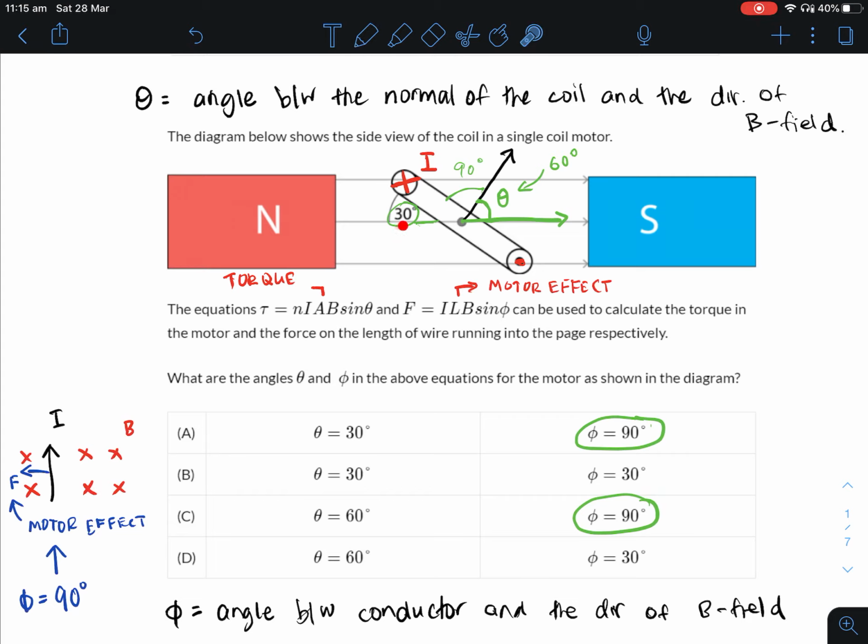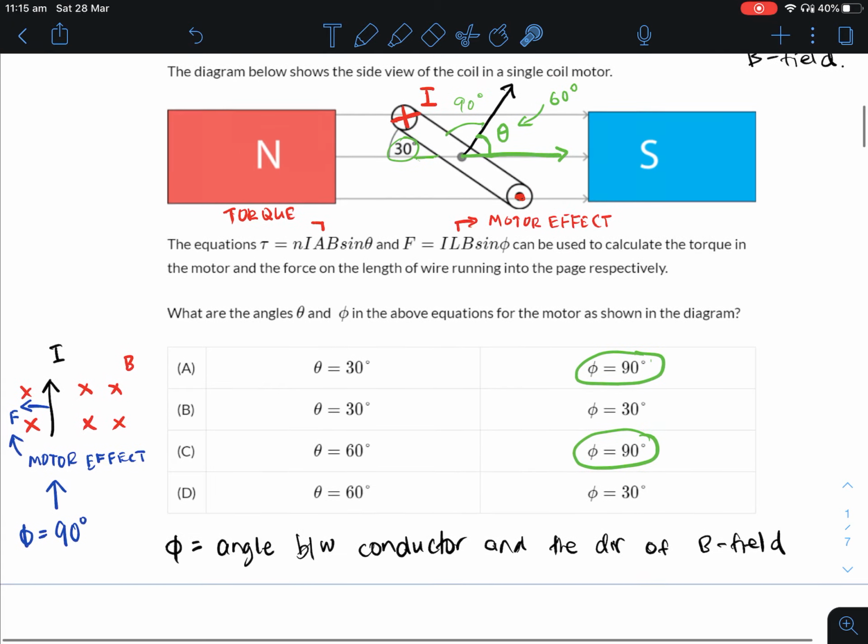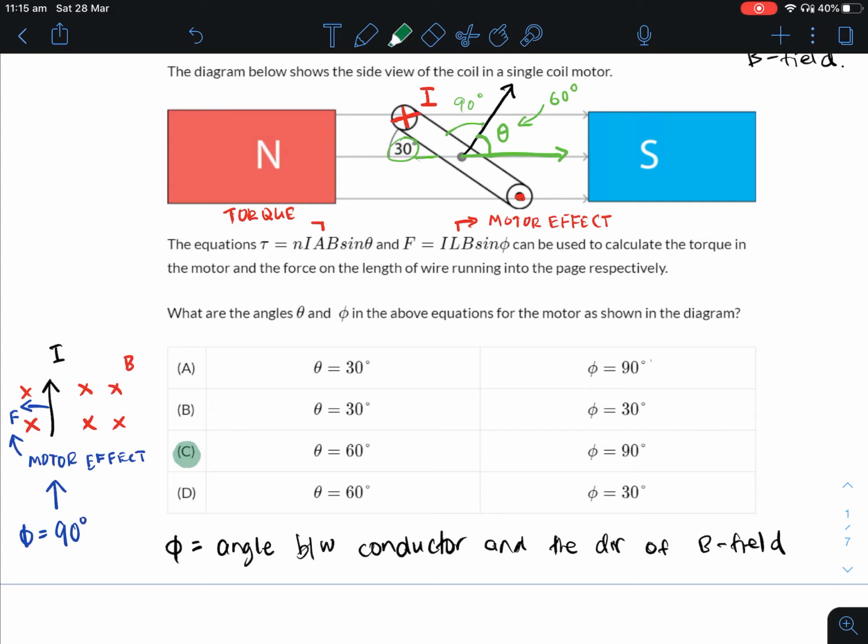This is a straight line over here. And so 180 minus 90 minus 30 must be 60. And so therefore what we have as the answer must be C. And so the answer here is C, where theta is equal to 60 and phi is equal to 90.